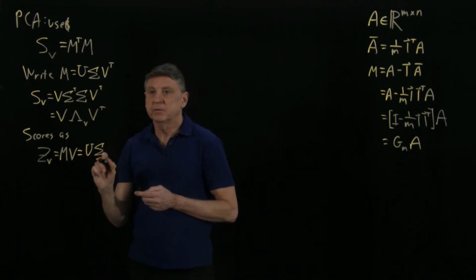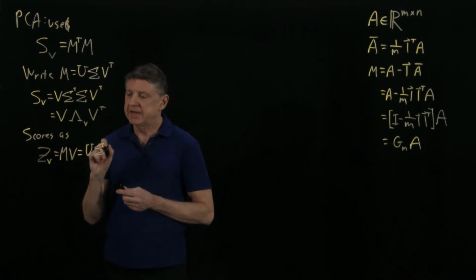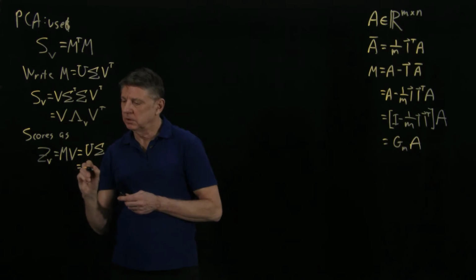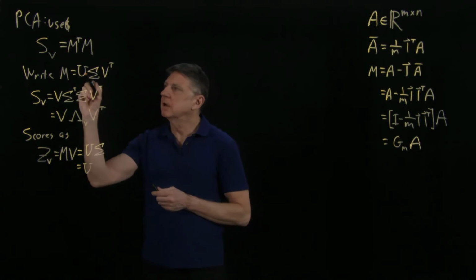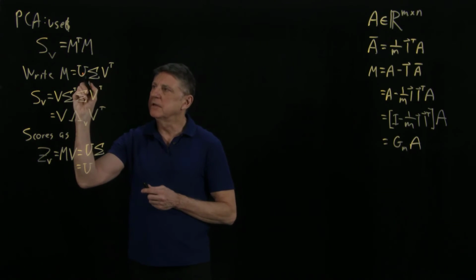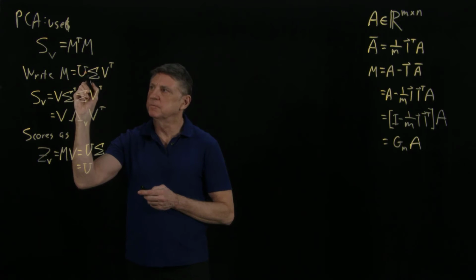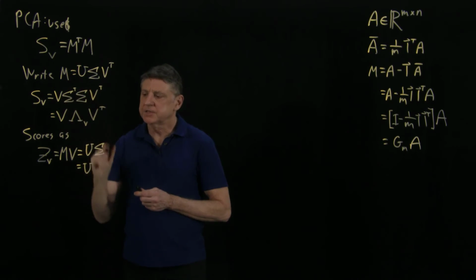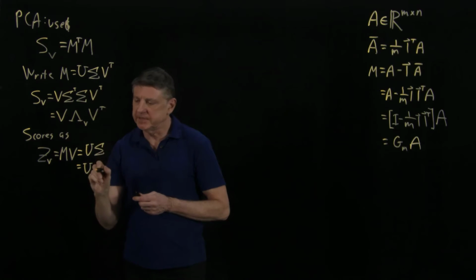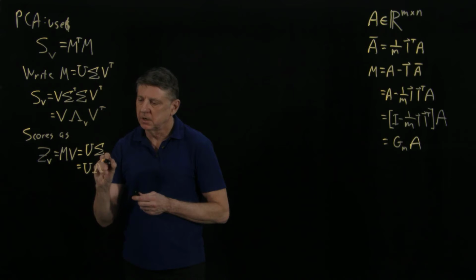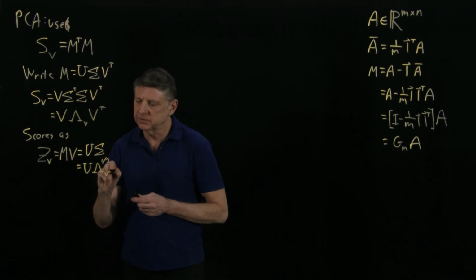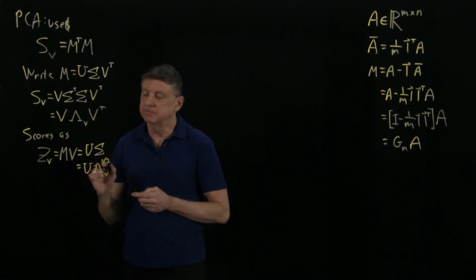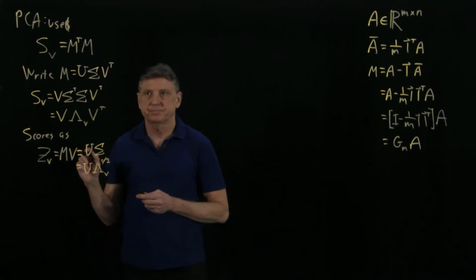So we have this, and that has to equal the left orthogonal singular vectors of the zero mean data times sigma, another way to write sigma is the square root of the eigenvalues derived from the variable style scatter.